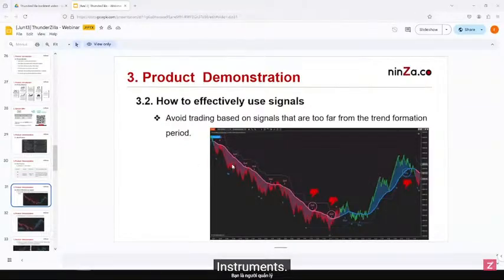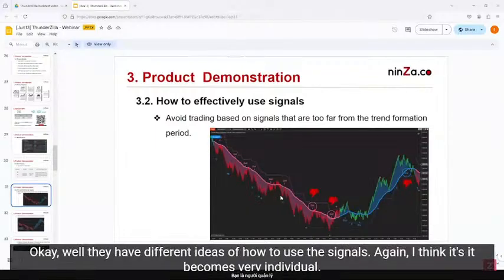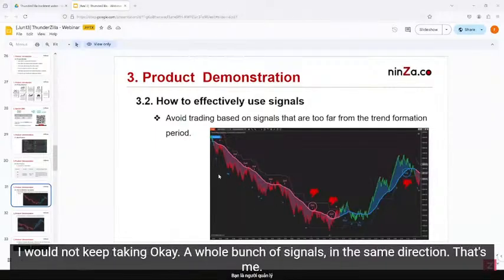What's this now? Okay, well, they have different ideas of how to use the signals. Again, I think it becomes very individual. I would not keep taking a whole bunch of signals in the same direction. That's me. Take the first short and try to hold on or just hit your target and be done.